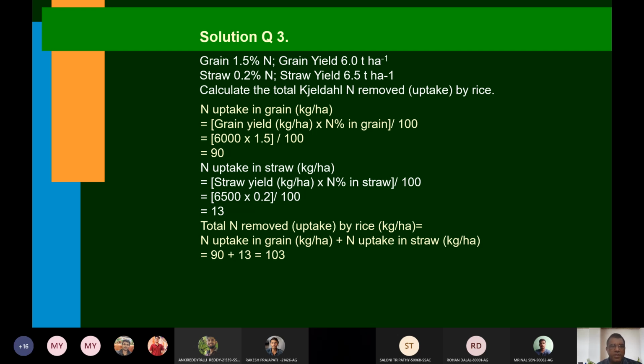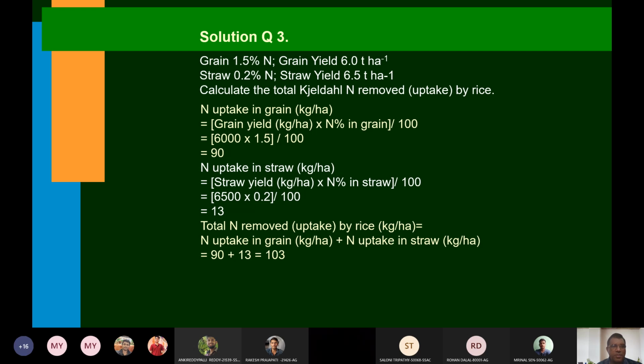Now we can calculate the total nitrogen removed or uptake. So nitrogen uptake in grain, kg per hectare, is grain yield into nitrogen percentage in grain. So grain yield kilogram per hectare, nitrogen percentage divided by 100. And you get 6,000 into 1.5 divided by 100.